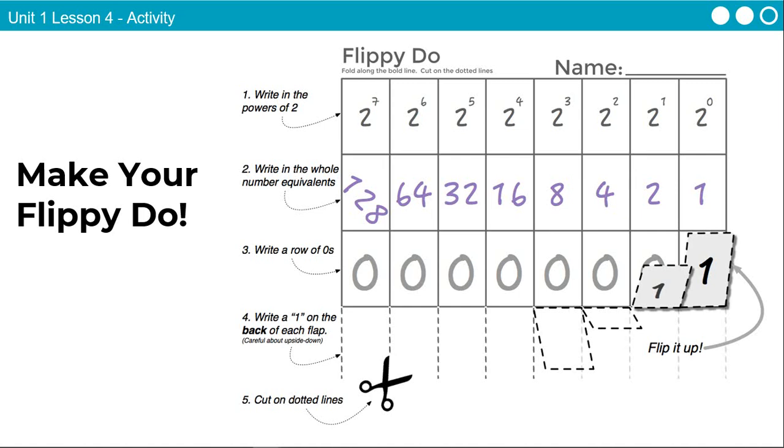We want to create this thing called a flippy do, and it's going to make it a little bit easier to process and calculate binary numbers, if you set up this flippy do, because it makes it a little bit easier to understand conceptually.